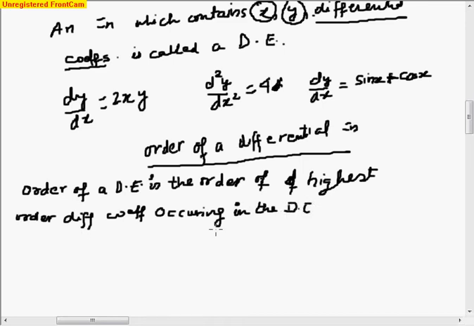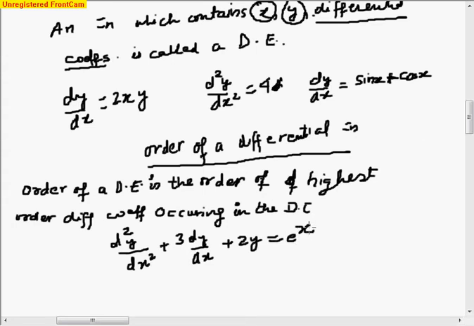Right? For example, see this differential equation. d2y upon dx square plus 3 dy by dx plus 2y is equal to e raised to power x.